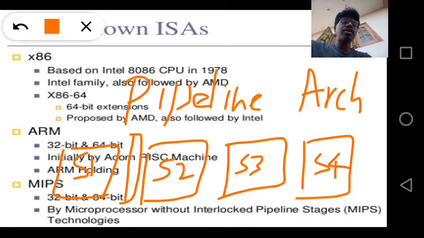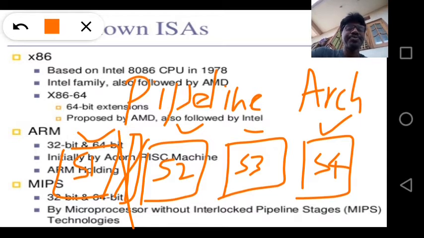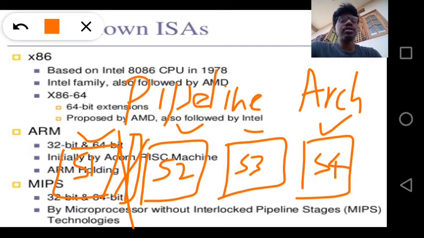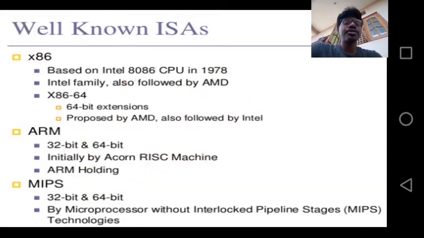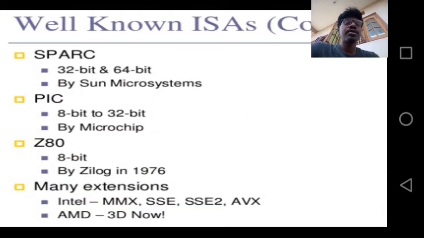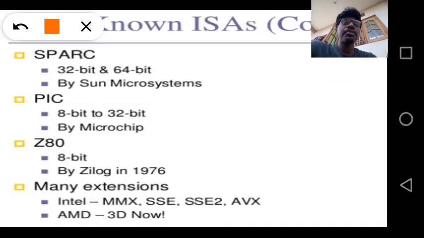That means you cannot deploy any buffer. That means all the time required for all the stages should be almost equal, which is called interlocked pipeline stages technologies. Next, some other well-known instruction set architecture is SPARC.